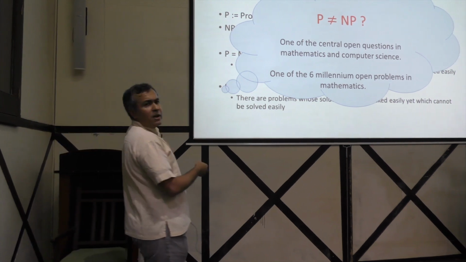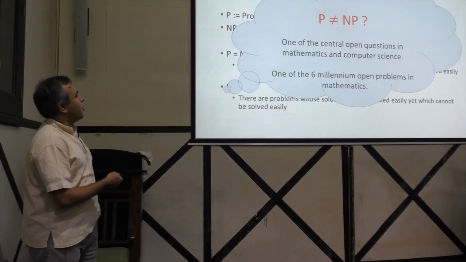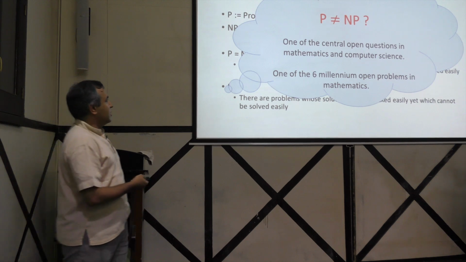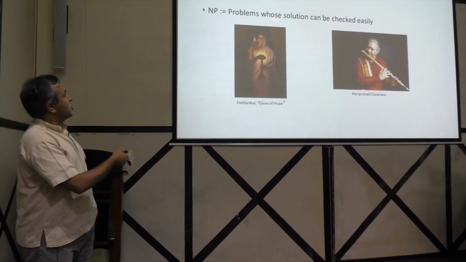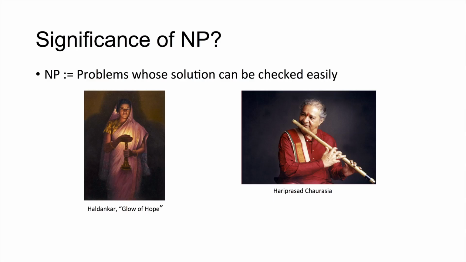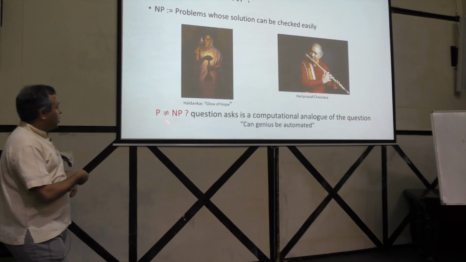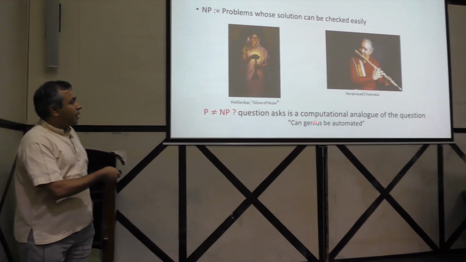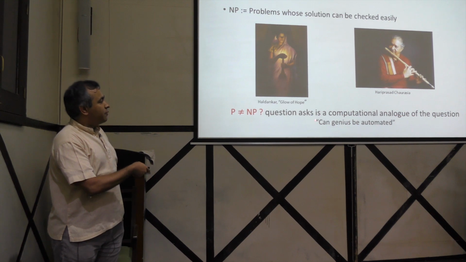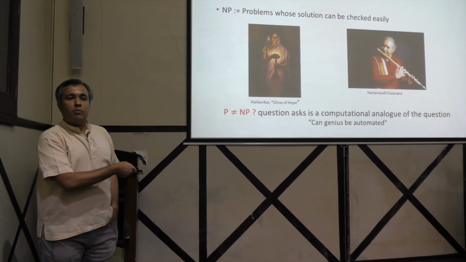So let's go back to our analogy. Why is this problem such a big deal? NP captures those problems for which I don't know how to solve them, but if somebody does, I can appreciate what's done. So NP captures these problems which are done by geniuses. And what we are asking, the P not equal to NP question, is sort of a computational or mathematical analog of the question: can genius be automated?